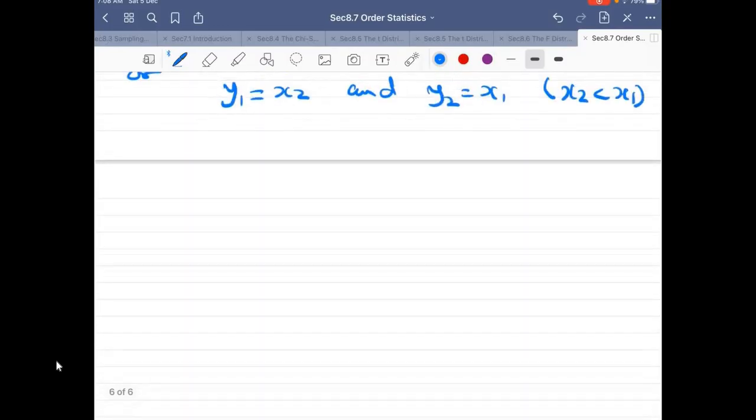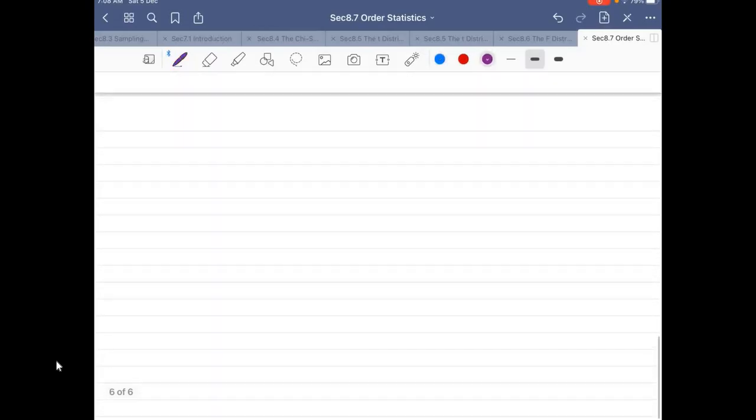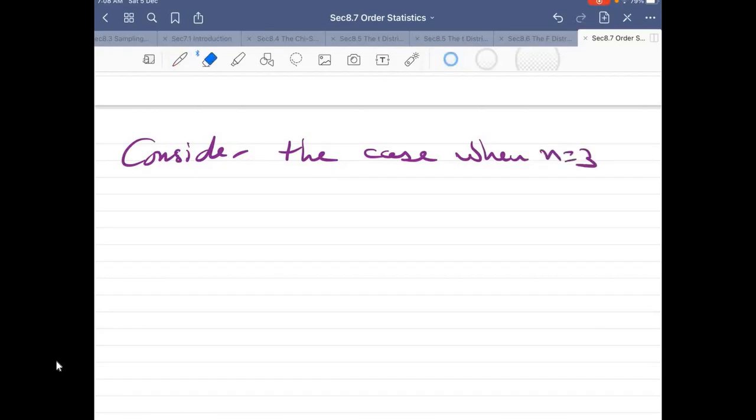Now consider a random sample of size 3, when n is 3. Then my original set of variables will be x1, x2 and x3.